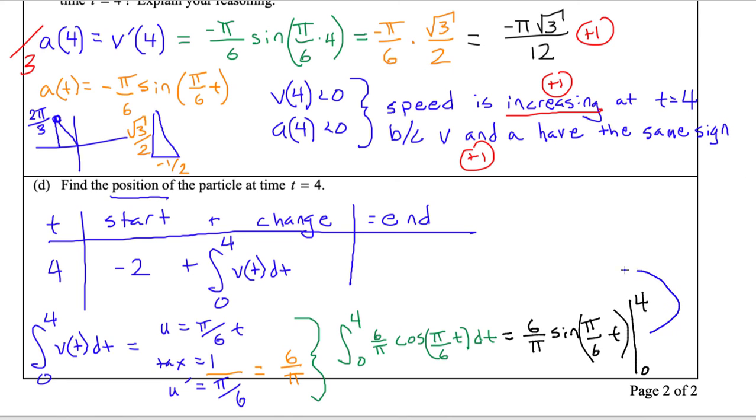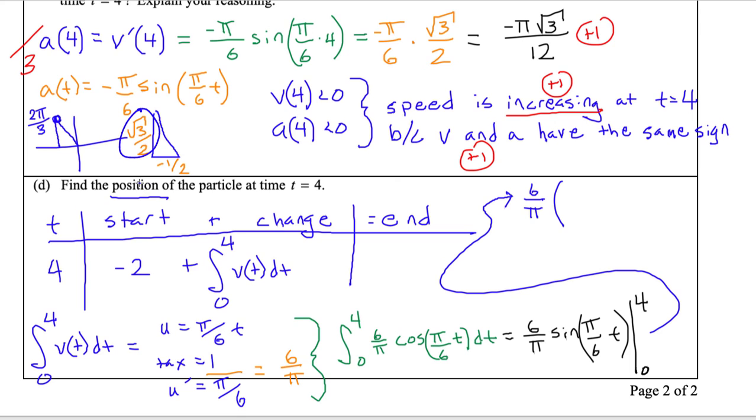All right, so let's come back up here. So I have 6 over pi. That's going to be multiplied by, I'm going to factor that out and deal with it separately. When I plug in 4, I'll get sine of 2/3 t, and sine of 2/3 t we know, right? We did it back here.